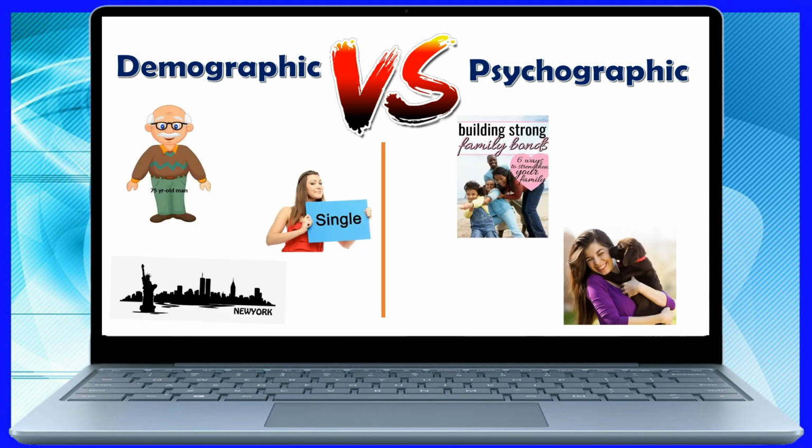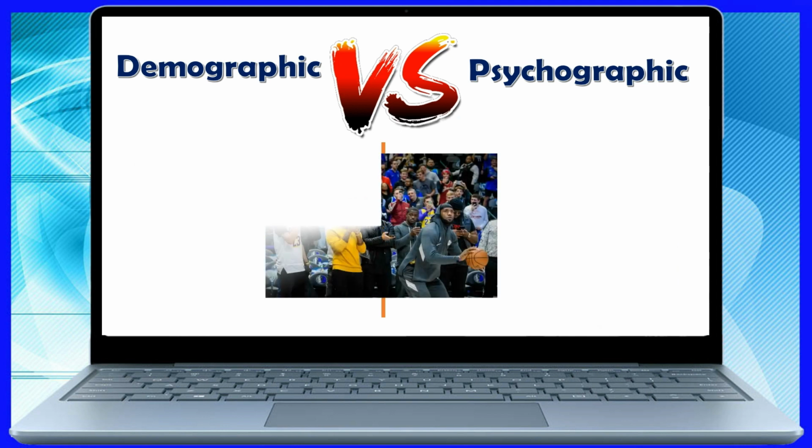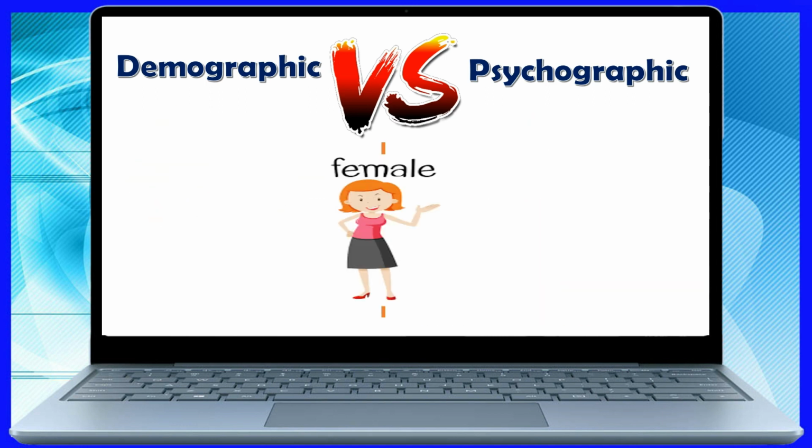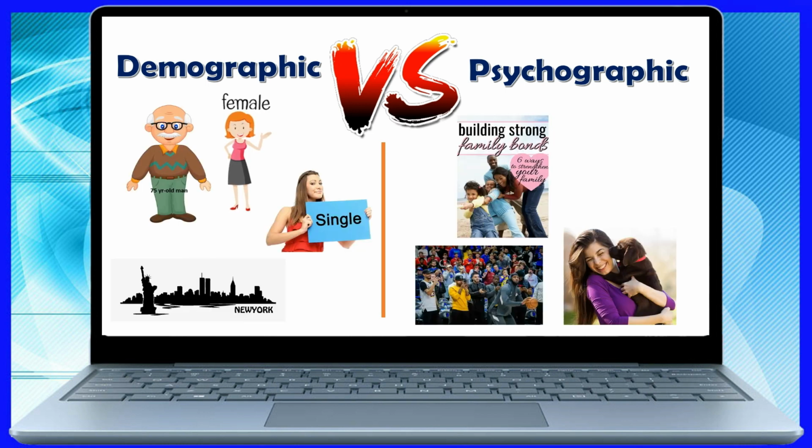Yes, it's demographic. Next, we have playing basketball. Is it demographic or psychographic? Very good. It's psychographic. Then we have a female. Is it demographic or psychographic? Very good again. It's demographic.